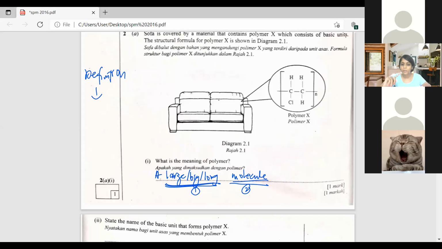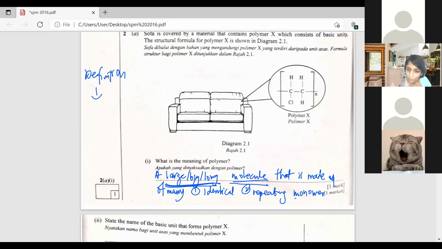So large, big, long molecule that is made up of many identical repeating basic units, or you can say subunits, or you can say the word monomer.